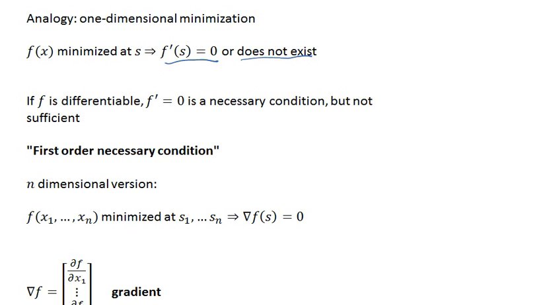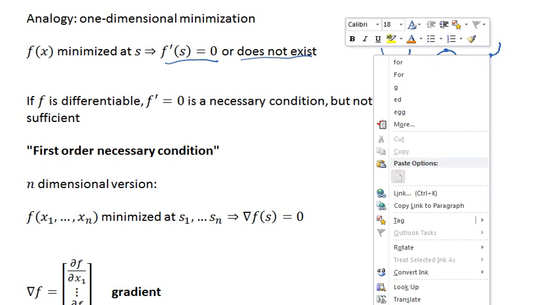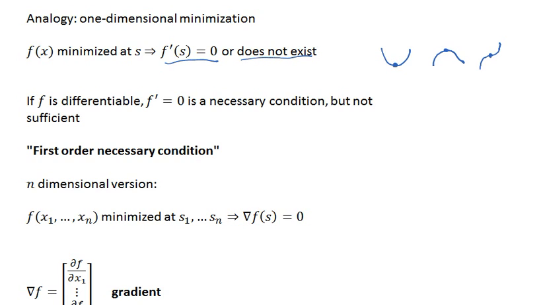At a point where f prime is equal to 0, we could have a minimum, or we could have a maximum, or we could have neither, like in the cubic function, where you have a horizontal tangent, but neither a local min nor a local max is possible. So you can't tell whether you have a minimum for sure until you check at least the second derivative.